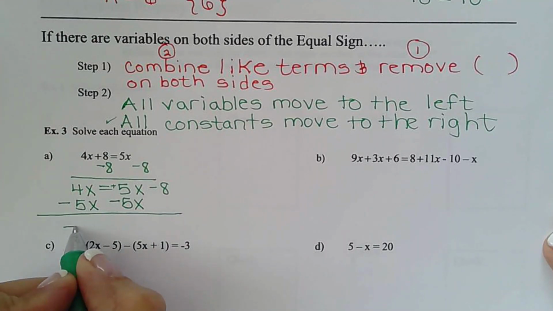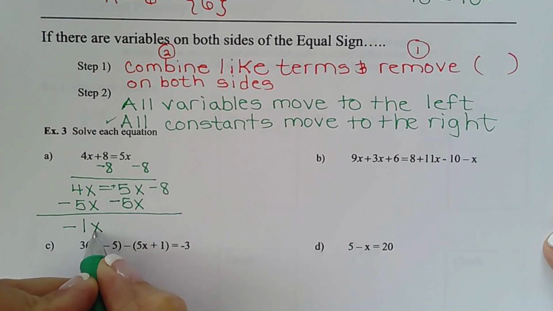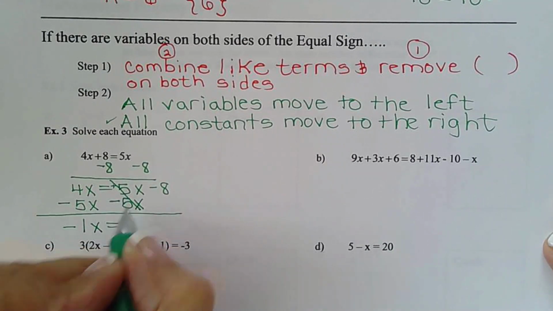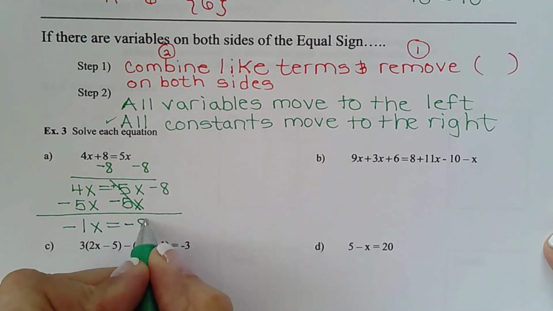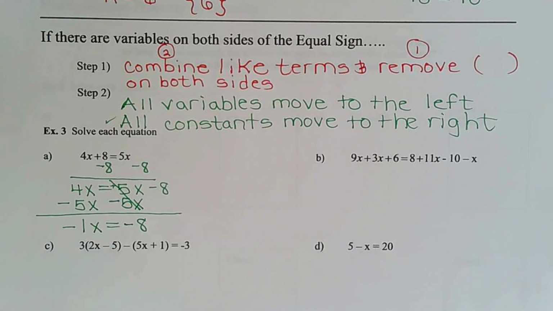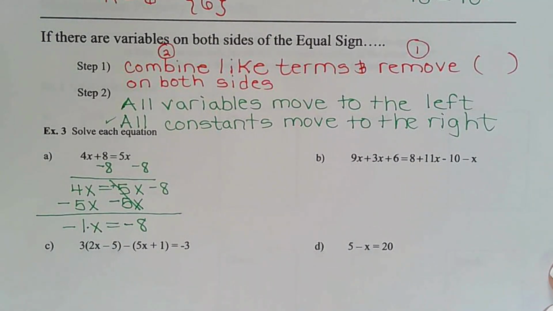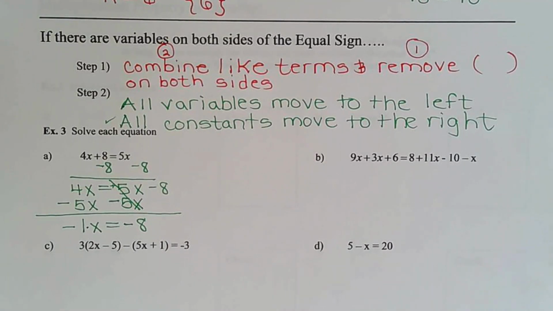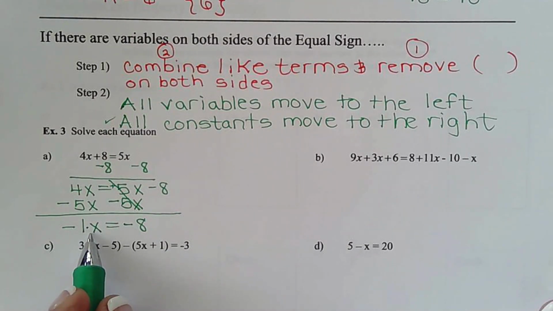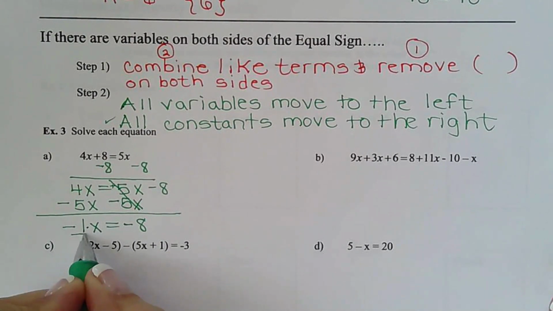And that gives me -1x equals 5 minus 5 cancels -8. And anytime we have a negative in front of an x, that means -1 times x. So remember what I said, we always do the opposite. The opposite of times -1, divide by -1.